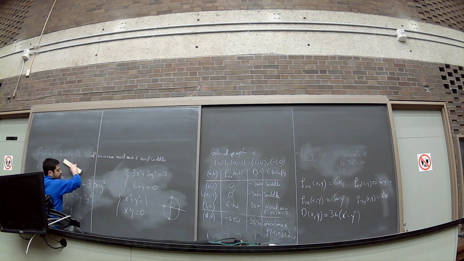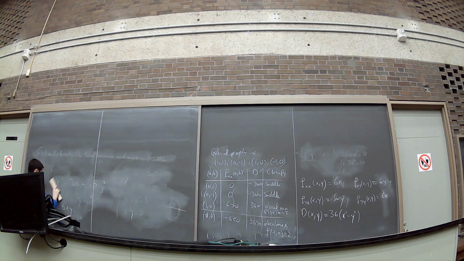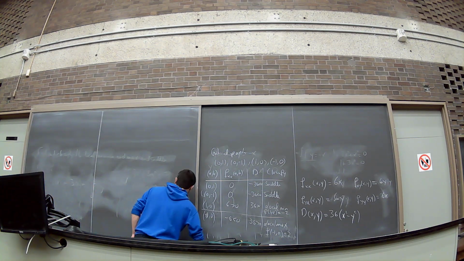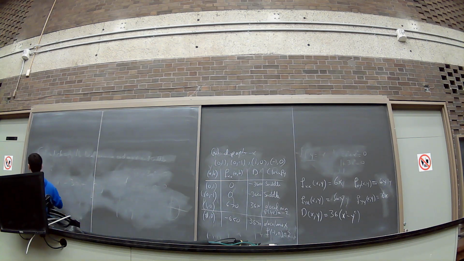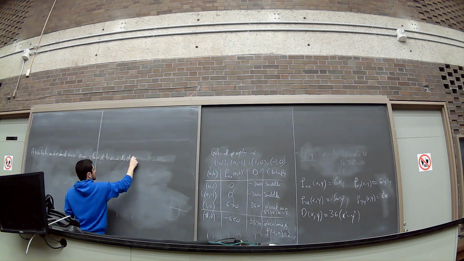Now, let's go back to something else that we have seen in calculus 1, and we will generalize it in calculus 3: absolute max and min over closed, bounded sets.